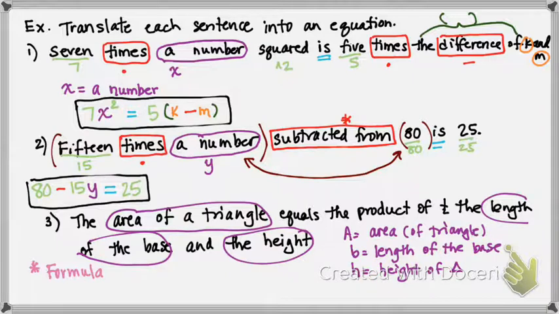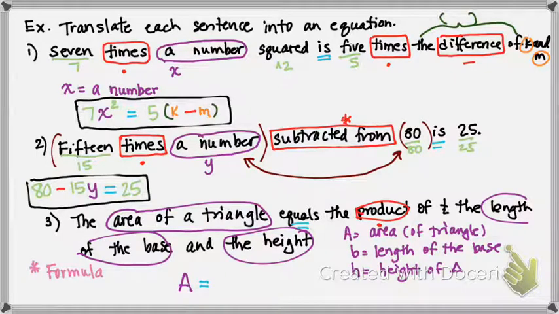So notice, here's your equals. So we're going to start off with the area of a triangle equals. And then it says the product of, which means I'm going to be multiplying. So times.